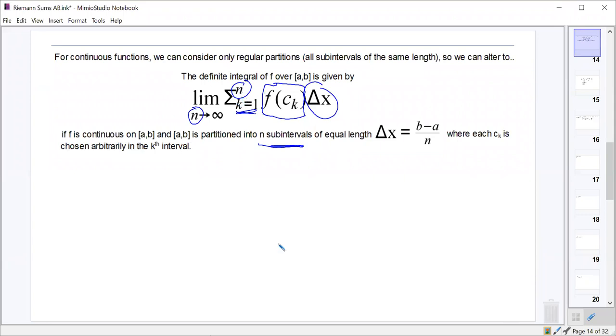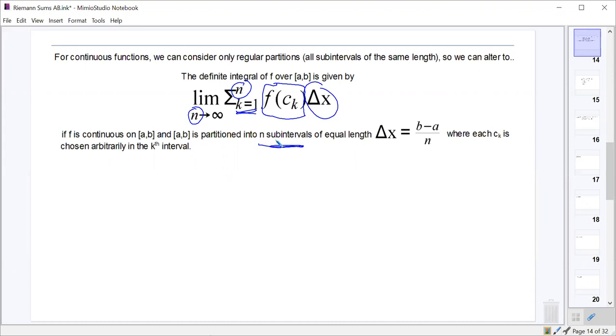So k just represents any arbitrarily chosen subinterval or rectangle on our interval. Okay, it's just a generic representation of a rectangle, or of a subinterval. Does that make sense? Yeah.